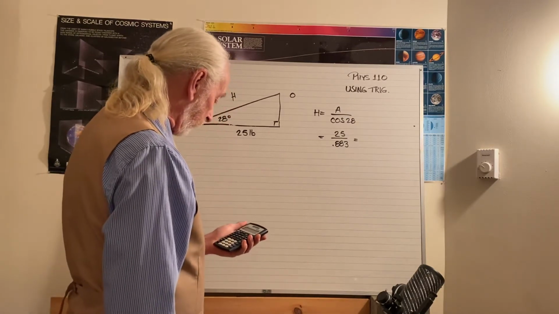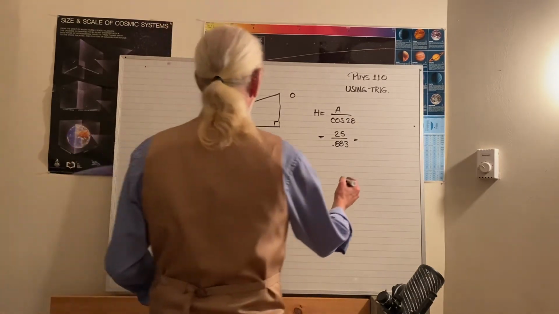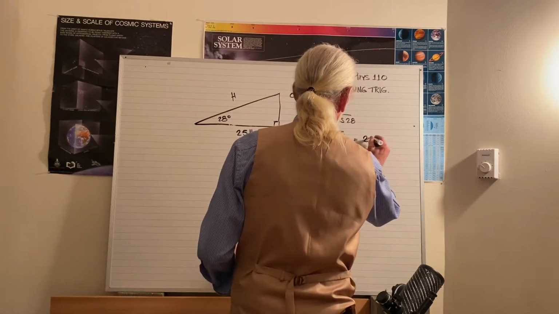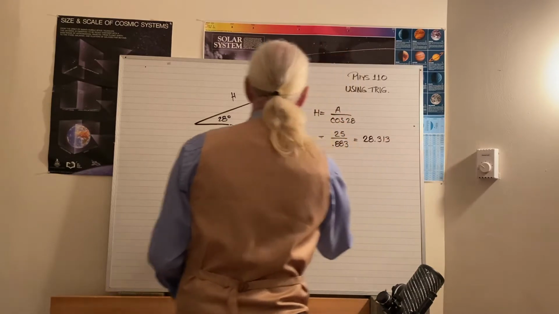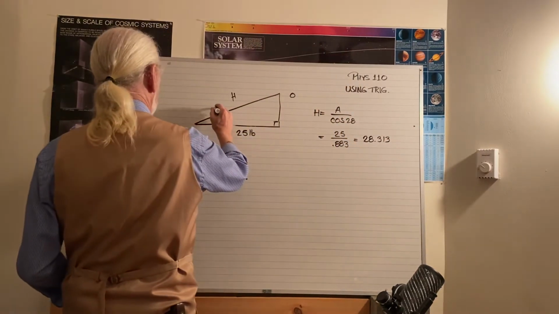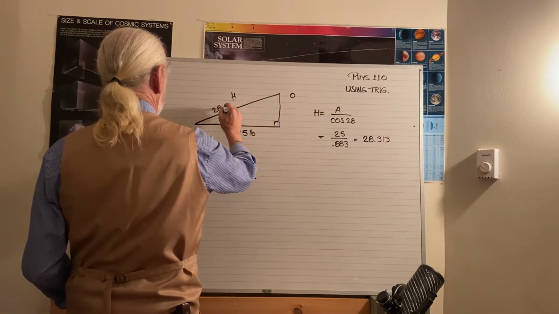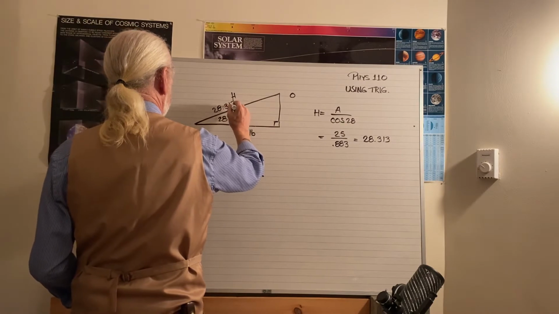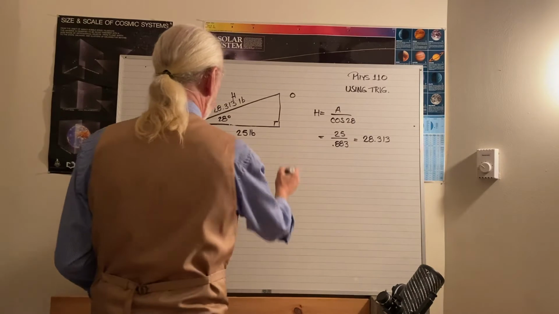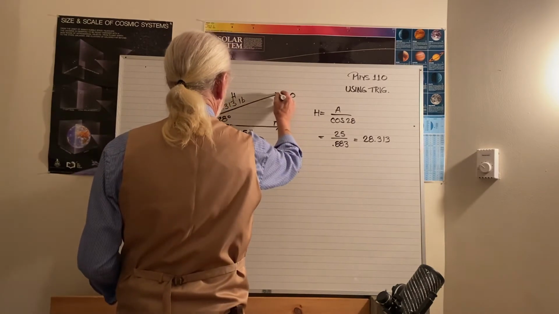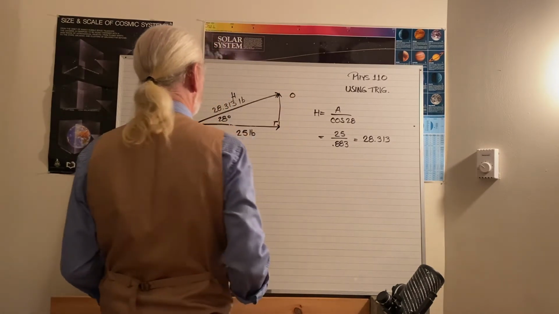I got 28.313. All right, so 28.313 pounds. Okay, I could put some arrows here, like so.